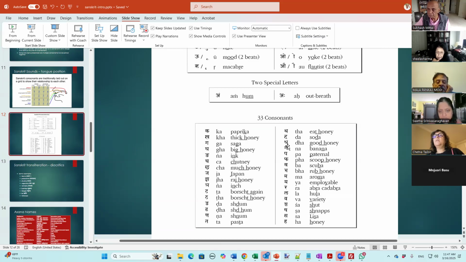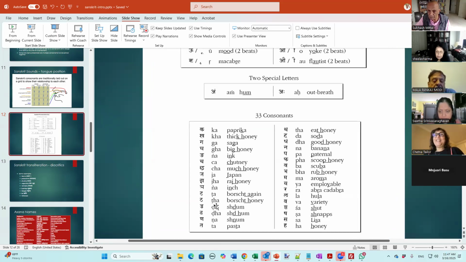When I see the script, I don't know how to recognize which is which. What is the difference? Na and da, how can I tell the difference? They look very similar. So this is da, this is na. Where do you see the similarity?